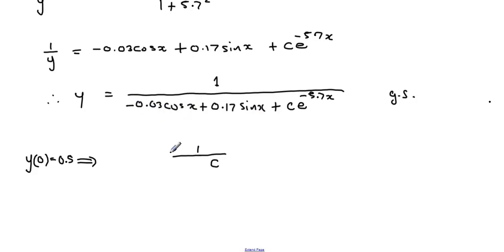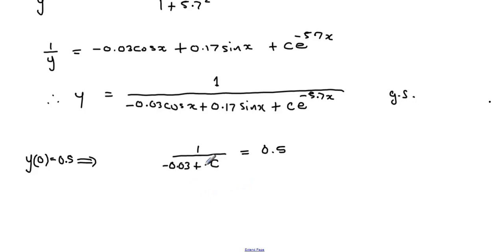Which means here we're going to get c minus 0.03, and this must equal 0.5.